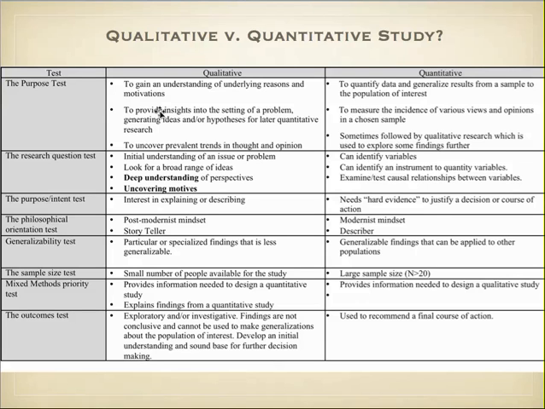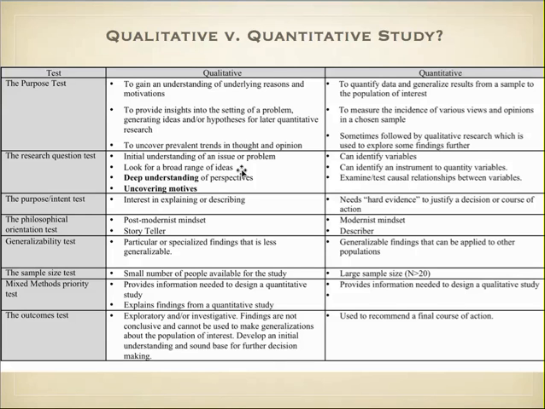Now, there is something to be said for whether or not you're, quote, a qual person or a quant person. People gravitate towards one or the other, and that oftentimes affects their choice. But also, you need to take a look at the purpose of the study. If you're trying to uncover motives or gain a deep understanding of a perspective, then qualitative certainly lends itself to that kind of investigation.